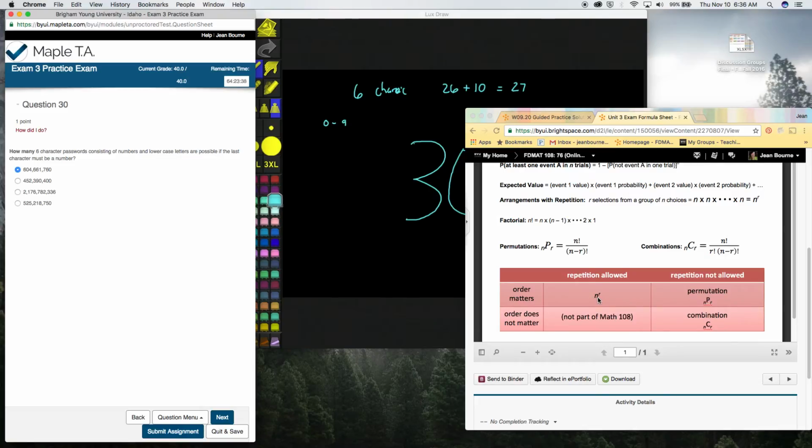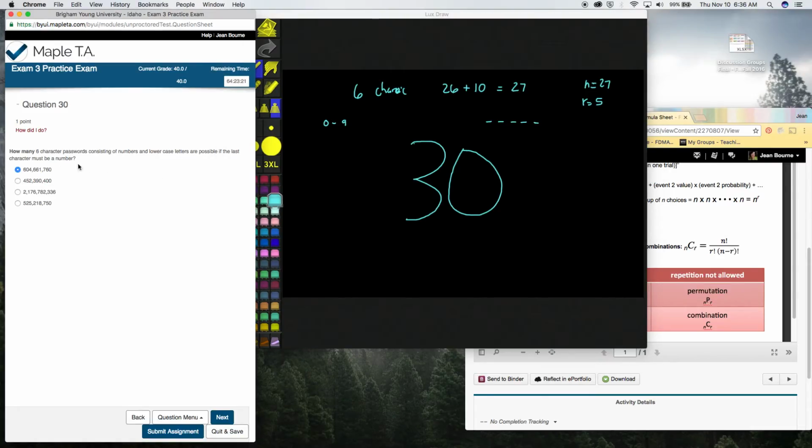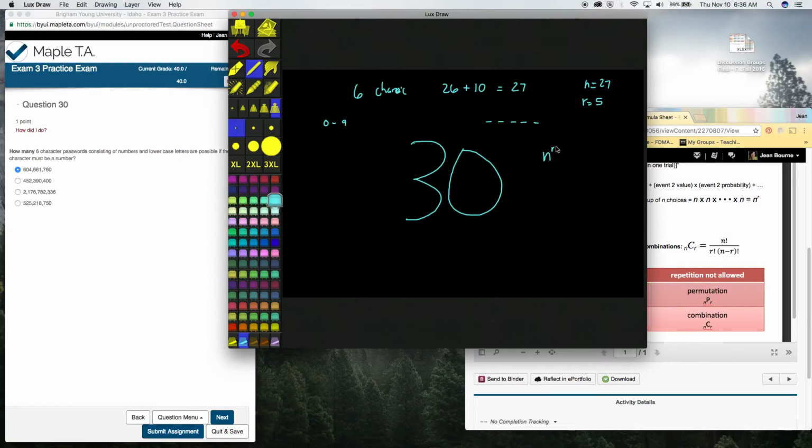And so repetition is allowed, so it's n to the r. In this case, our n is going to be 27, and our r is going to be 5, because we're just going to do the first 5 characters at once. And then the last character just must be a number. So we're going to have n to the r, times our last number, which is a choice of 10.